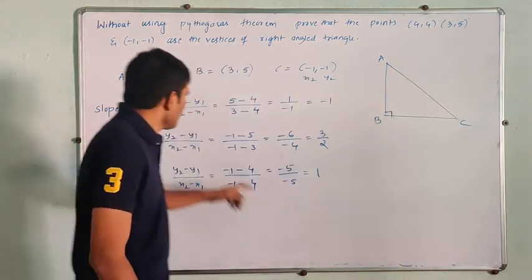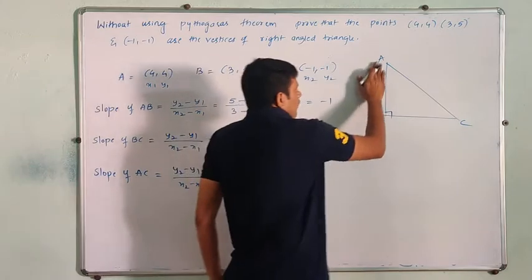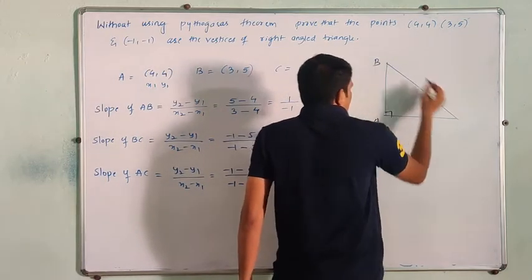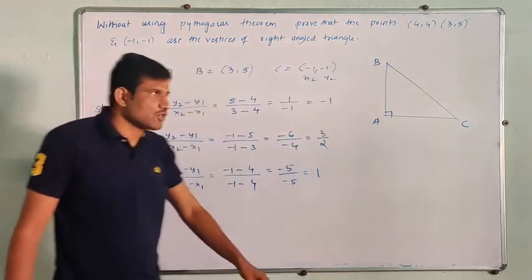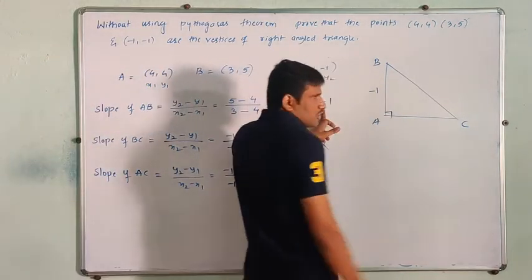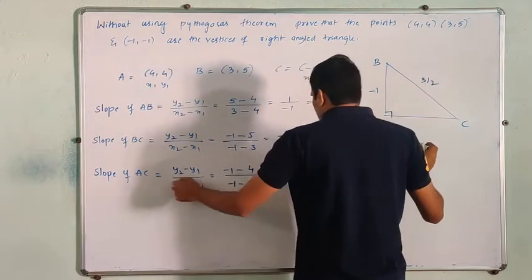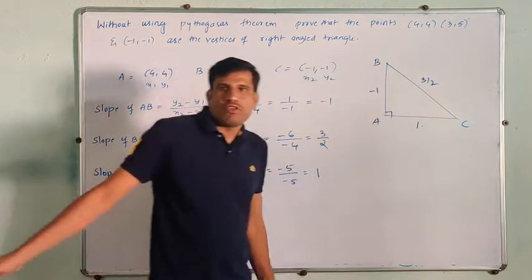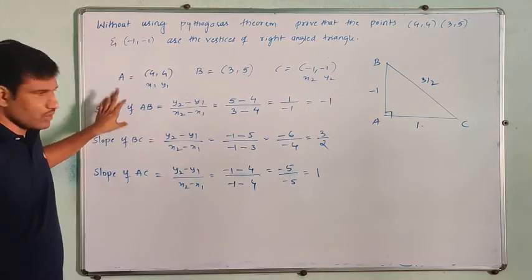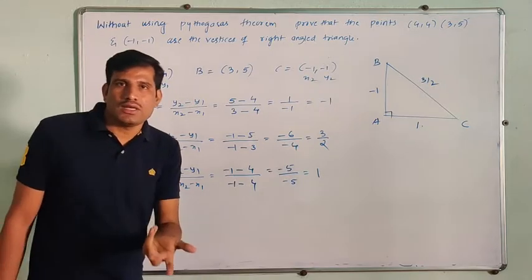Now, this is A, this is B and this is C. We can observe, slope of AB is minus 1, slope of BC is 3 by 2, and slope of AC is 1. If I multiply slope of AB, minus 1, and slope of AC, plus 1, minus 1 into plus 1 is minus 1.